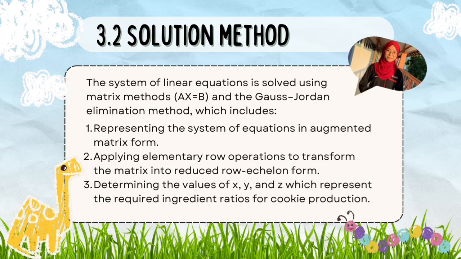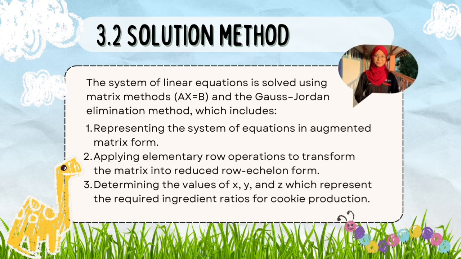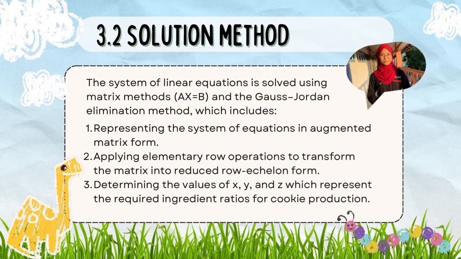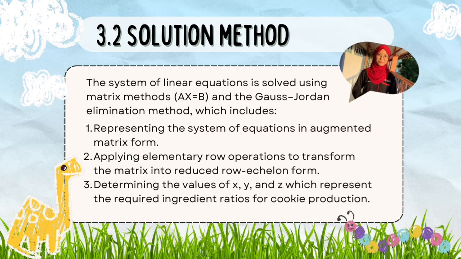Next is the solution method. In the solution method, the system of linear equations is solved using the matrix method, which is Ax equals B, and the Gauss-Jordan elimination method, which includes, first, representing the system of equations in augmented matrix form.